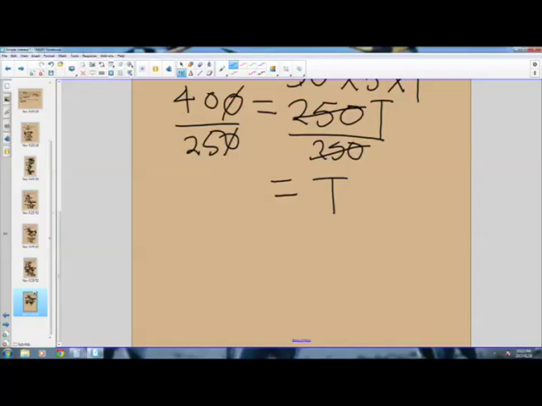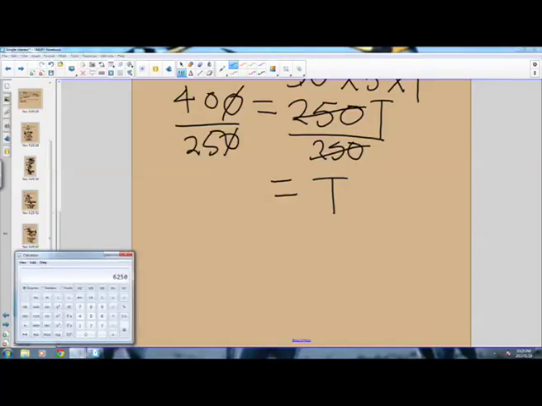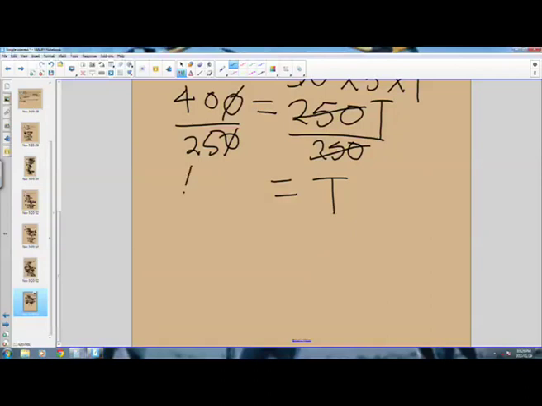40 divided by 25. Get your calculator and then divide. Let us get our calculator and then divide. It's 40 divided by 25. So our time is 1.6 years. This is the time that we are calculating.